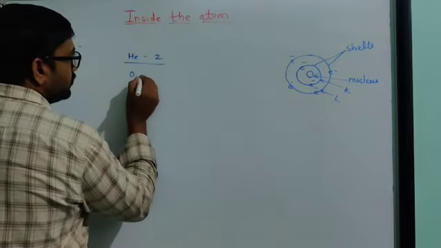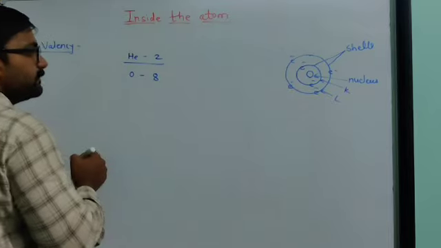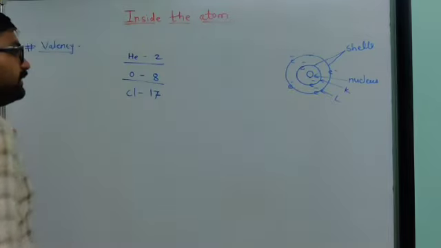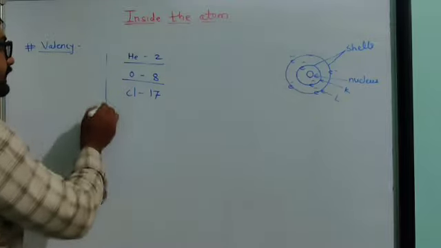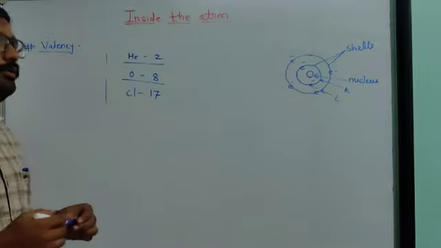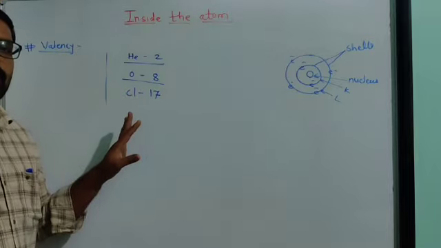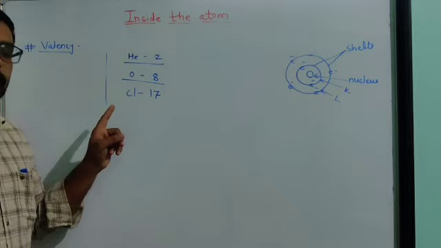Then oxygen, which has 8 electrons. Then chlorine, which has 17 electrons. So these 3 examples are your homework. Try it at home, and please try honestly, because it is important.